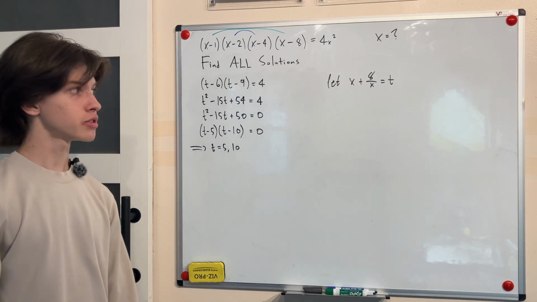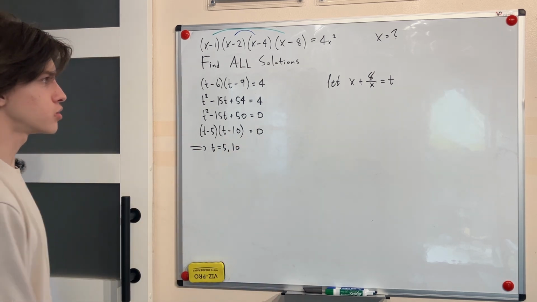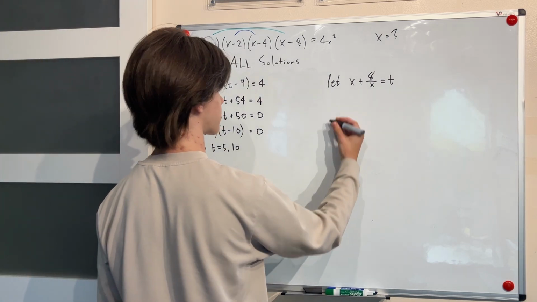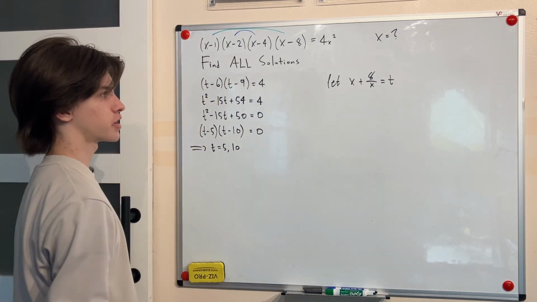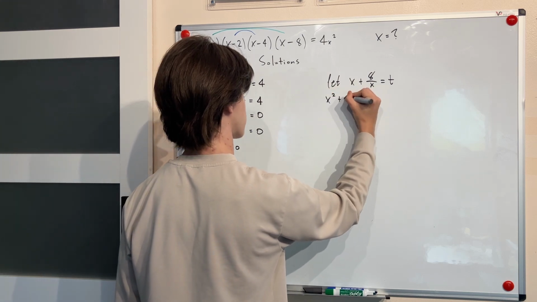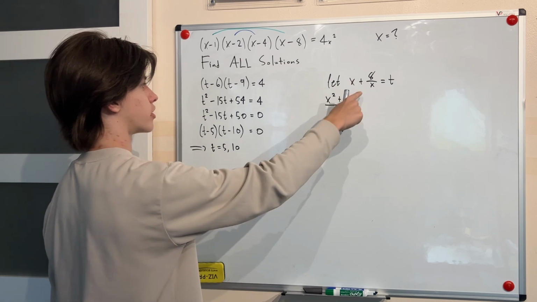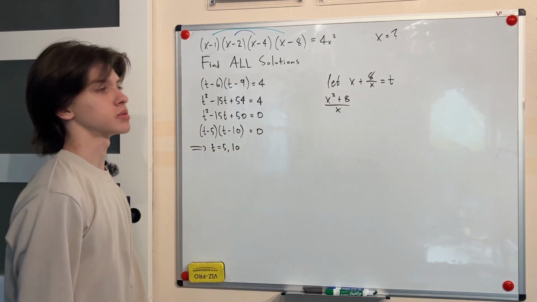So now we know those t values. We can solve for x over here. Let's do 10 first. Let's also convert this x plus 8 over x into a common denominator. So we get x squared plus 8 over x, right? Cross multiply, and over the denominators multiplied.